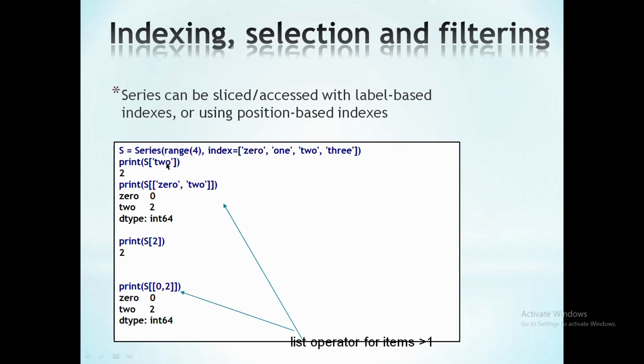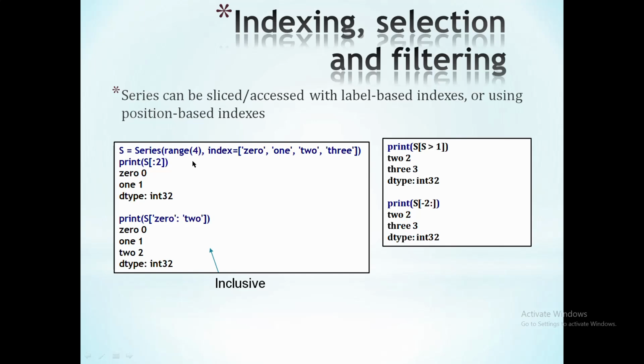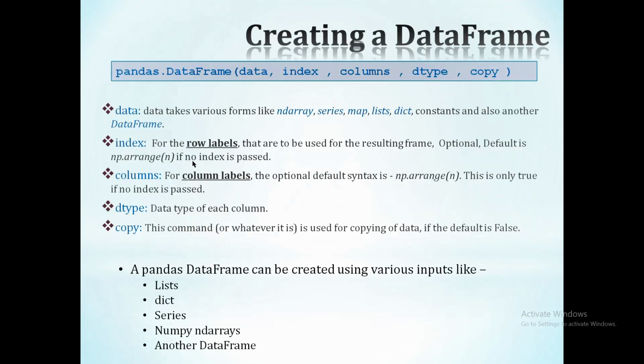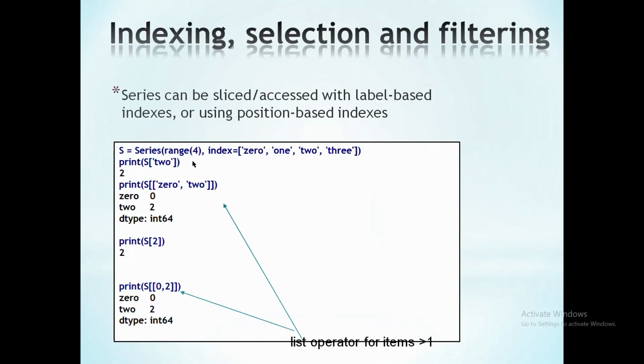Printing S of 2 represents the value in the range of 0 to 4, so I get the value 2. Then when I print the values of 0 and 2, I get the corresponding values 0 and 2.